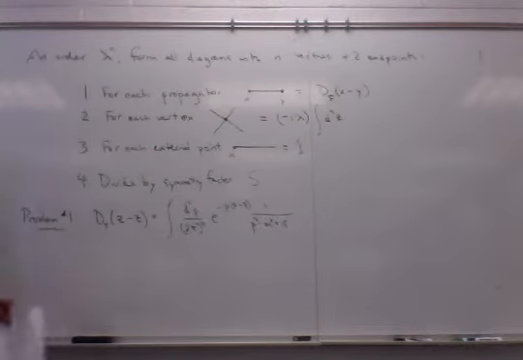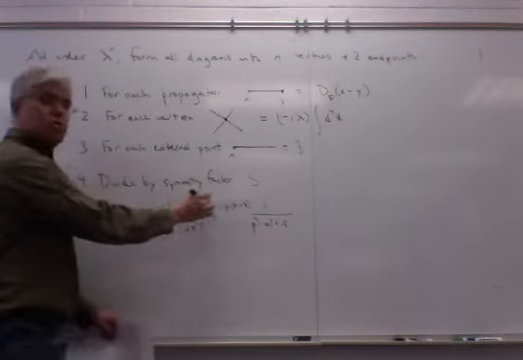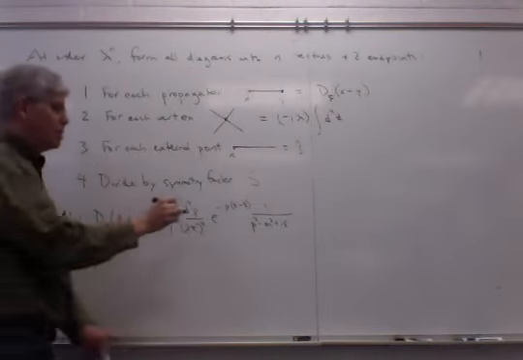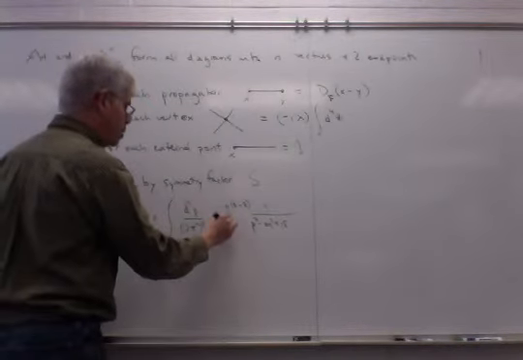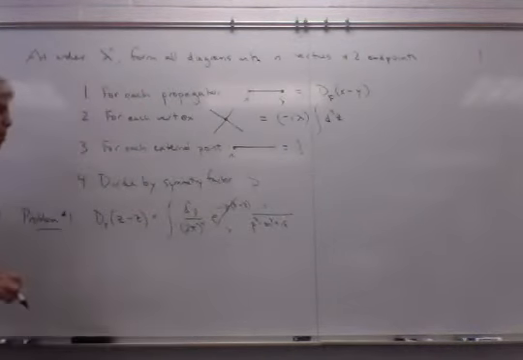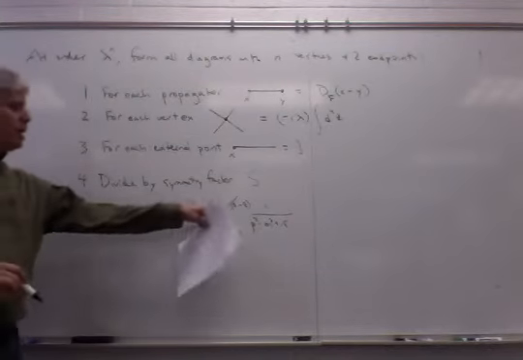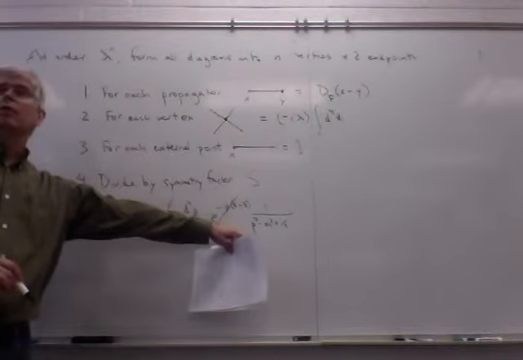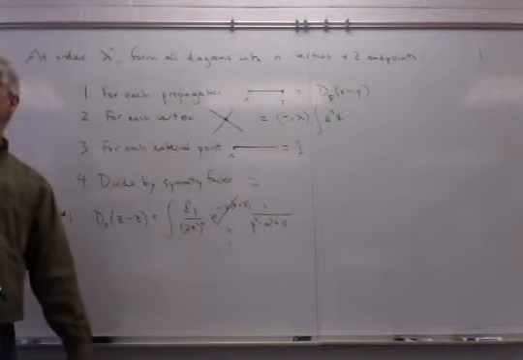Of course, if z equals z, which it does, this factor is 1, and that integral d4p over something like p squared is obviously divergent.